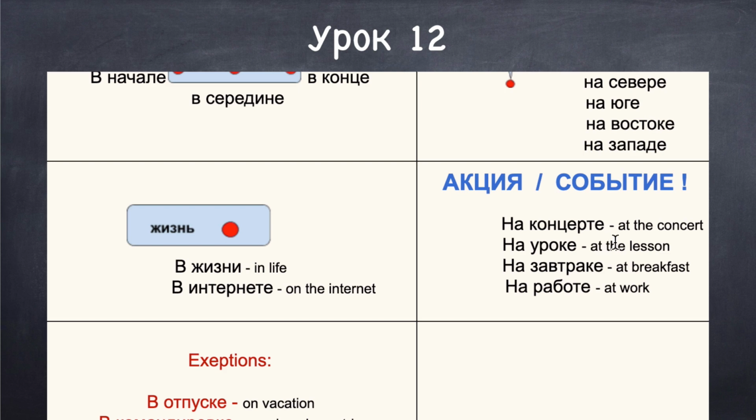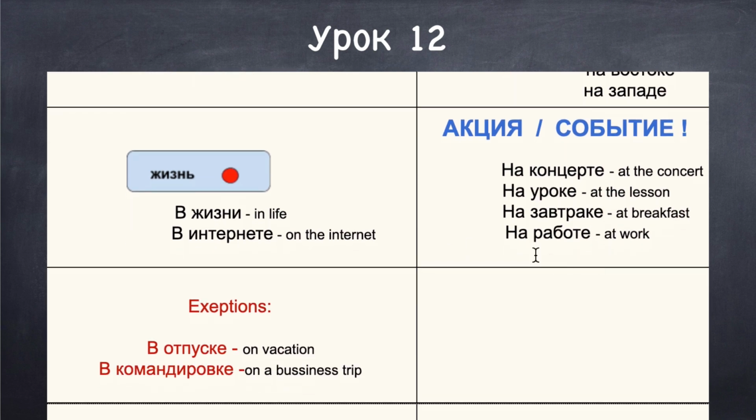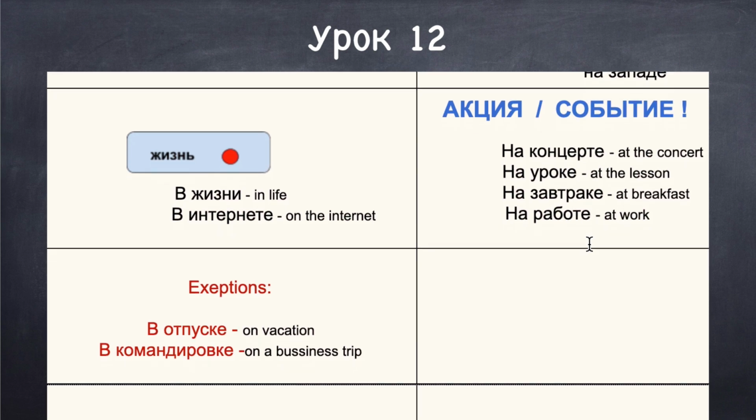A concert is a process. So use preposition НА: на концерте. На уроке, at the lesson. На завтраке, at breakfast. На работе, at work.